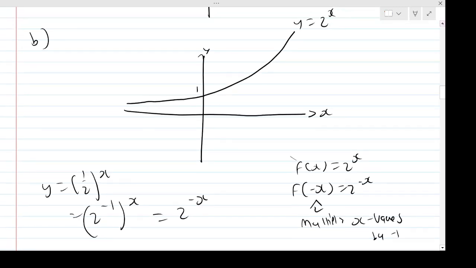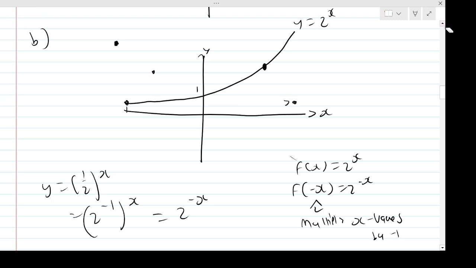So if we're multiplying the x values by -1, for example, this point up here would then map across the y-axis to here, same as that point here. Okay, so those are my new points, and then this point here, because that's on the negative y-axis, will then be on the positive y-axis there.